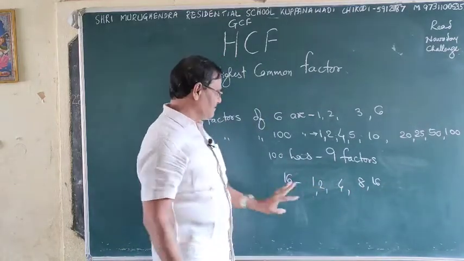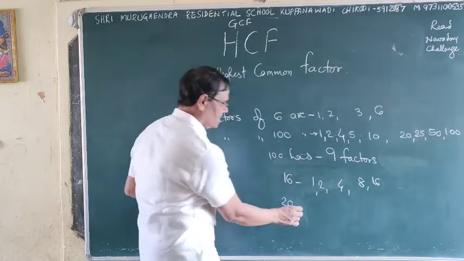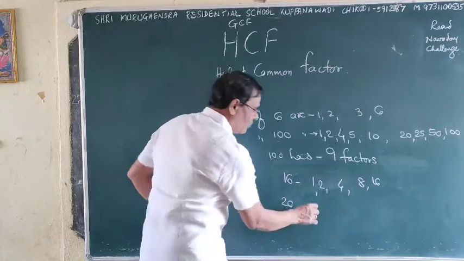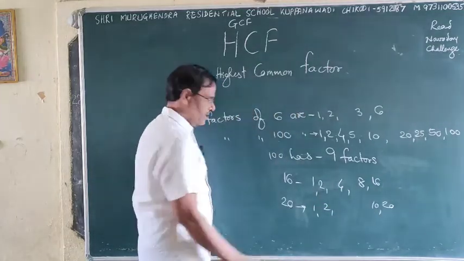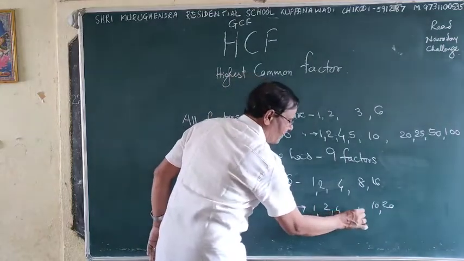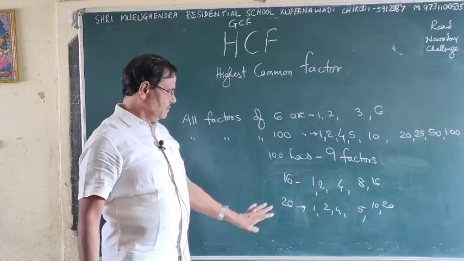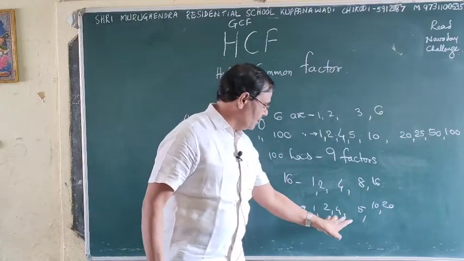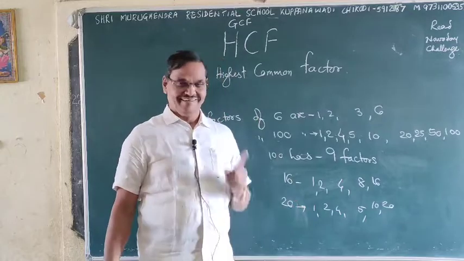However, 20 is not a square number. So 1 times 20, 2 times 10, 3 no, 4 times 5. Then 1, 2, 3, 4, 5, 6, even number of factors it has.